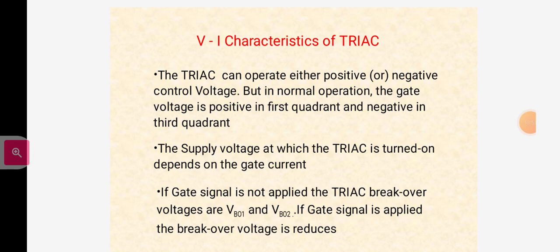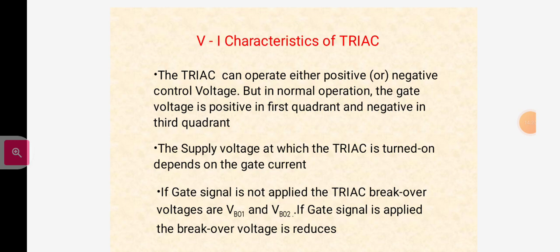The supply voltage at which the triac is turned on depends on the gate current. When the gate signal is turned on, only then is the voltage supplied to the terminals. If the gate signal is not applied, the triac breakover voltages are VBO1 and VBO2.